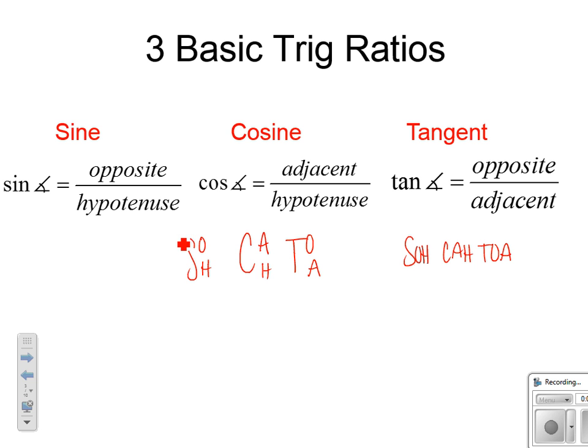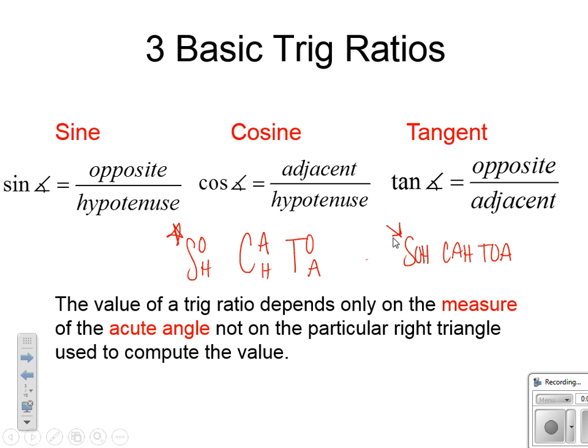So I was taught this way by my instructor. If this is something that you remember, no worries, go ahead and use it. Just remember, those are division between the O and the H, the A and the H, and the O and the A, not multiplication. All right.